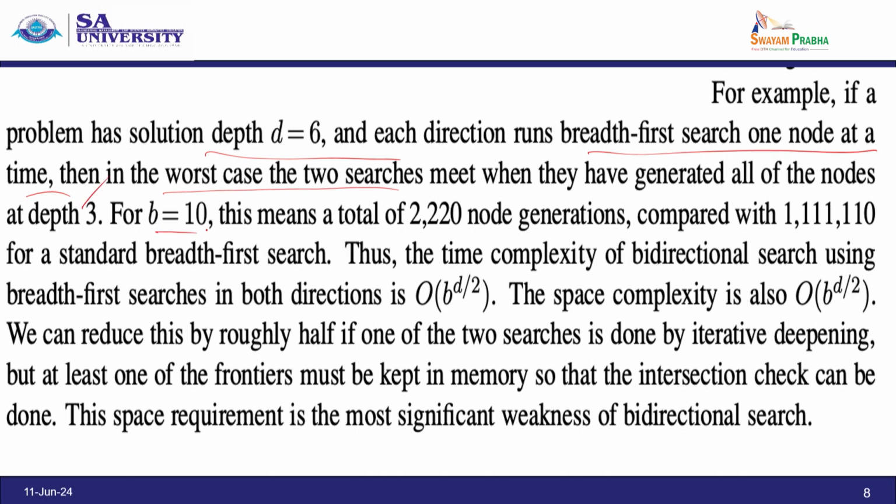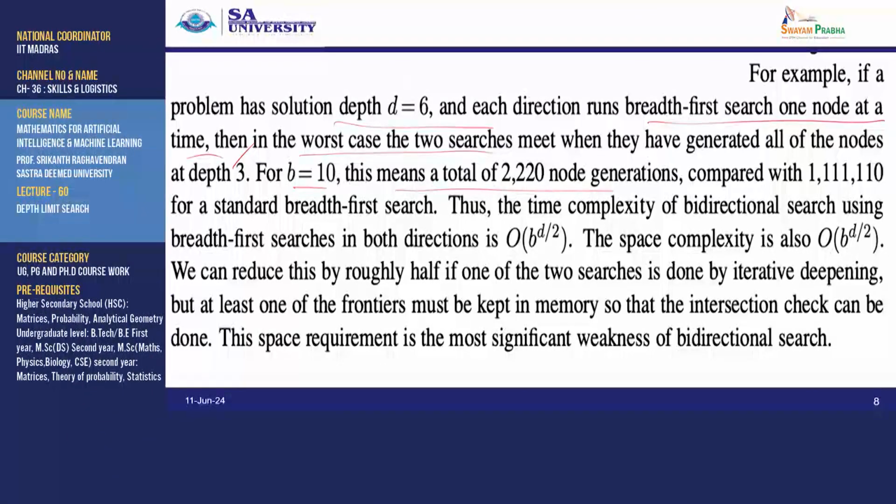For b equal to 10, this means a total of 2220 nodes generated, compared with 11,11,110 for a standard breadth first search. Thus, the time complexity of a bidirectional search using breadth first search in both directions is O(b power d/2). The space complexity is also O(b power d/2).